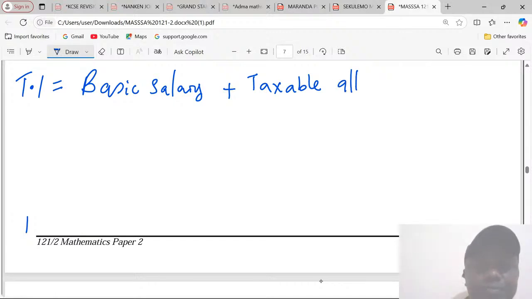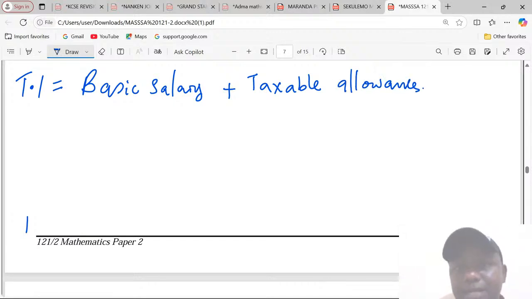Taxable allowances, because in some situations, a certain employee can be given allowances which are not exposed to taxation, which are not subjected to tax.